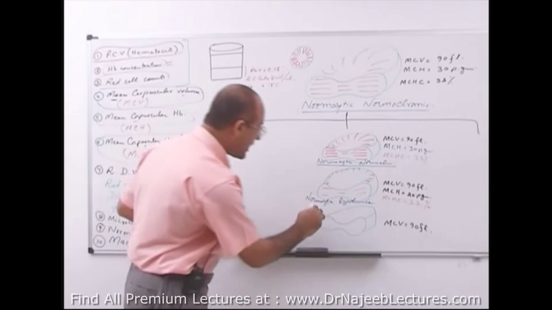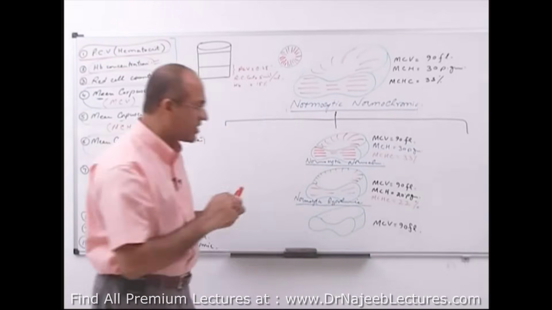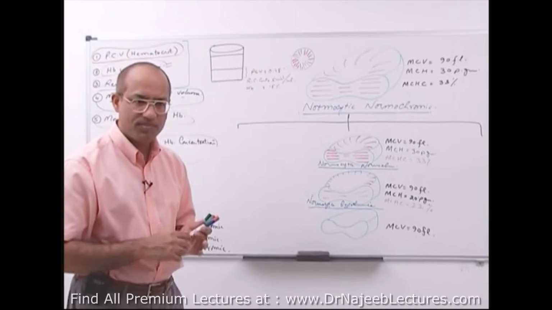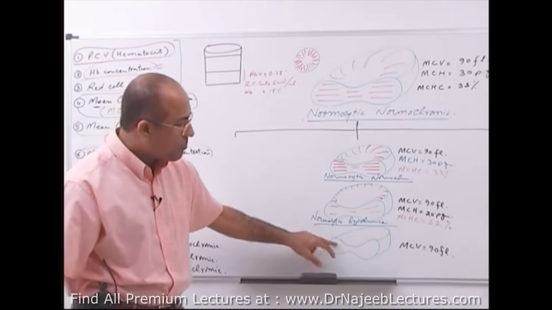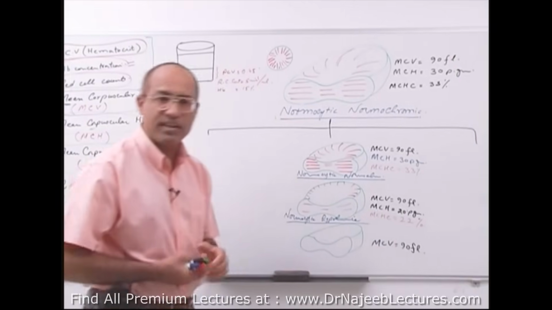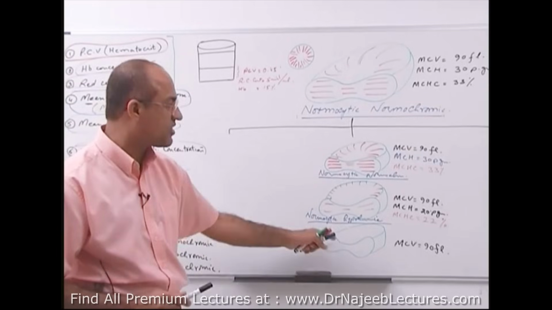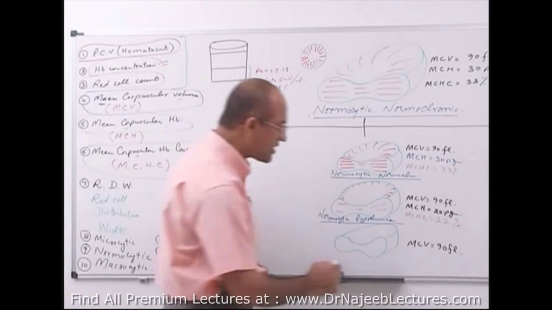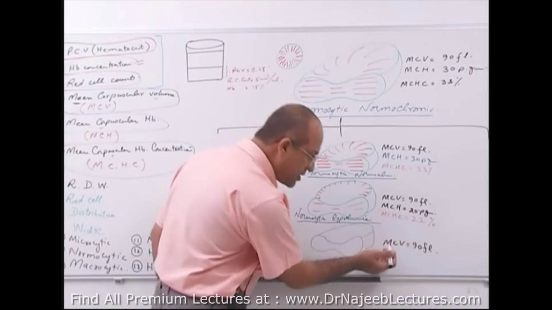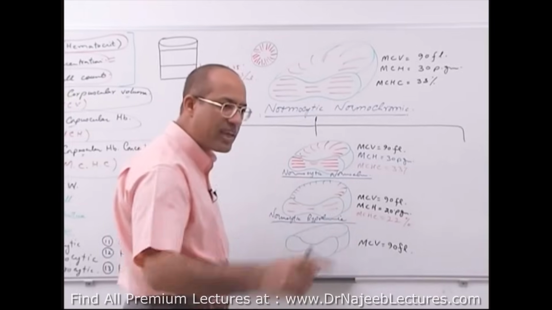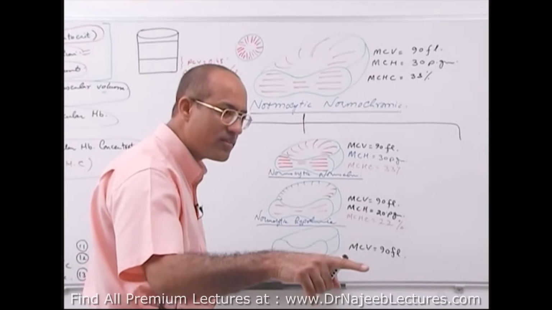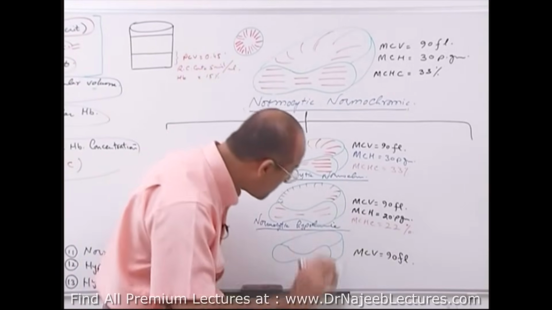RBC. Is that clear? Now we imagine another RBC in which mean corpuscular volume is 90 femtoliter. I am telling this hypothetically, because normally RBC cannot be overfilled. But hypothetically, we talk about this RBC. Do you like hypothetical things or not? Young men like them too much, yes, I know.